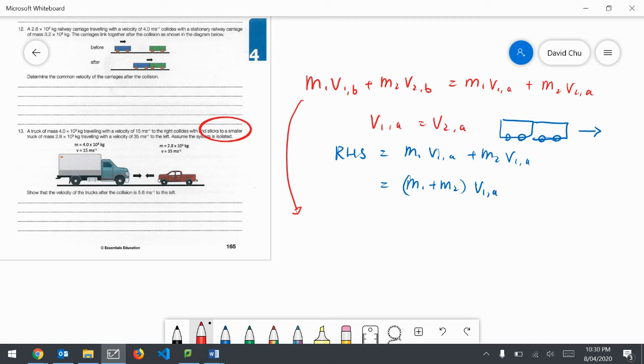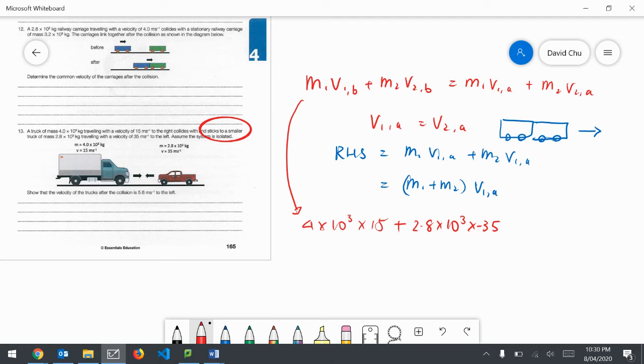and I'm going to have 4 times 10 to the power 3 times 15 plus 2.8 times 10 to the power 3 times 35, minus 35 in fact, because it's going in the opposite direction.